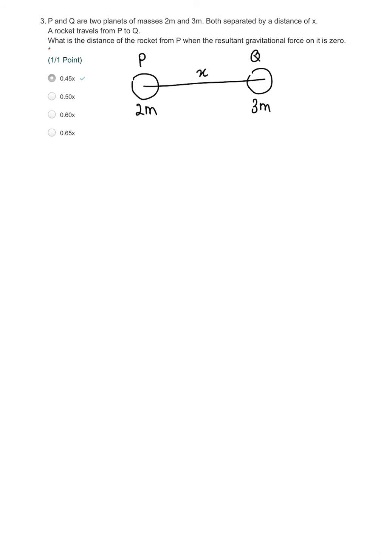So a rocket travels from P to Q. Maksudnya adalah roket dekat sini, dia travel daripada P ke Q. Alright, along the way, between P and Q, there is a distance where the resultant gravitational force on it is 0.